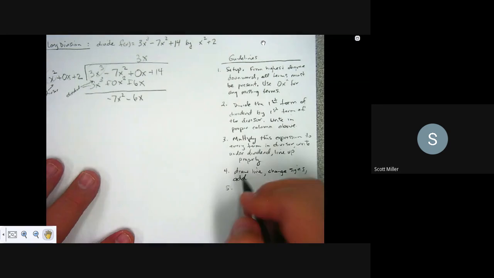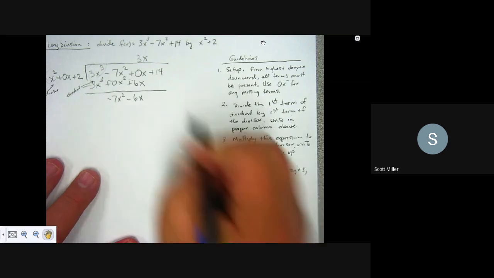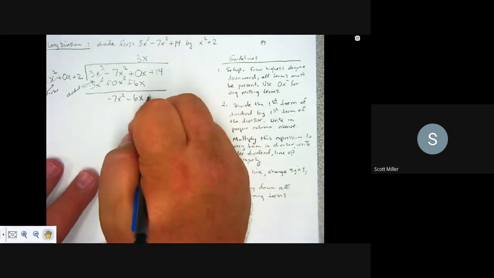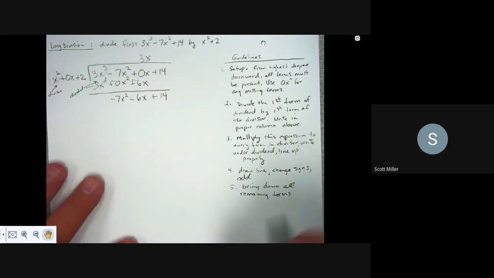But here, we bring down all remaining terms. Not just the next one, but all remaining terms. There's only one left here in this example, so we bring it down. And then we repeat as needed.